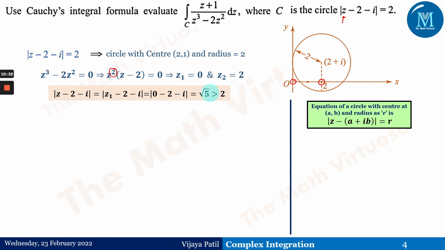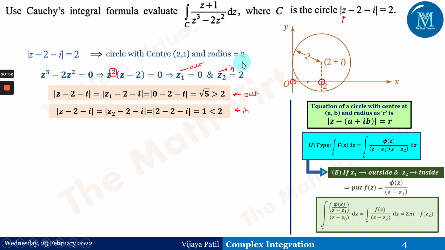That means the origin is lying outside. Similarly, for z2, which is 2 minus 2 minus i, that is 1, which is less than 2. That means this point is inside this circle. So z1 is out, z2 is in.